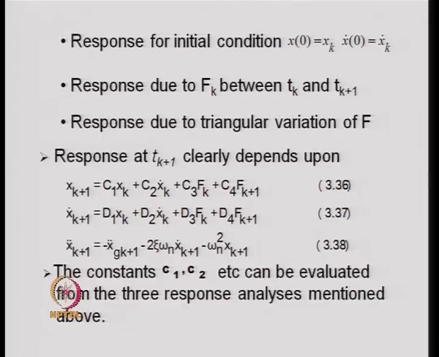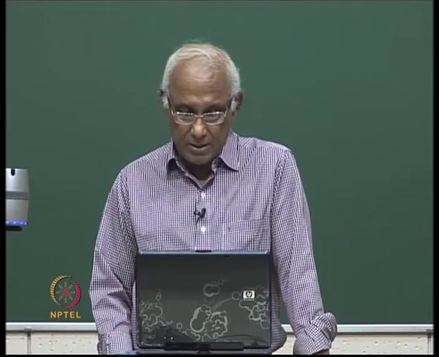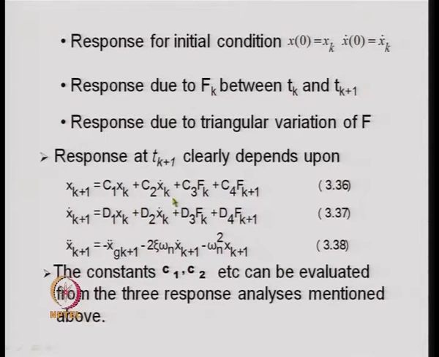So, the response at Tk plus 1 clearly depends upon these quantities, that is xk, x dot k, which are the initial displacement and velocity at the kth time step, and Fk and Fk plus 1.